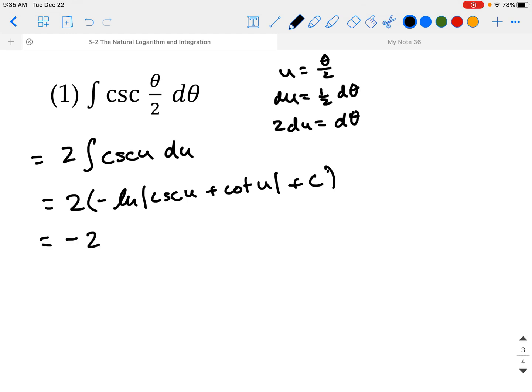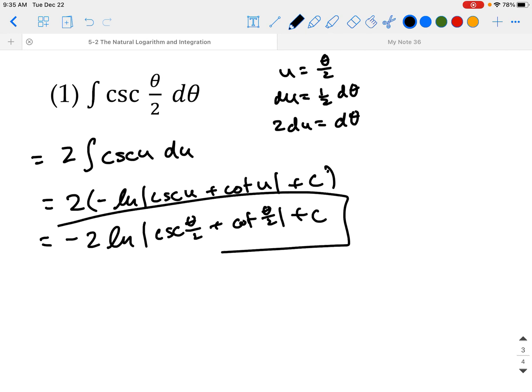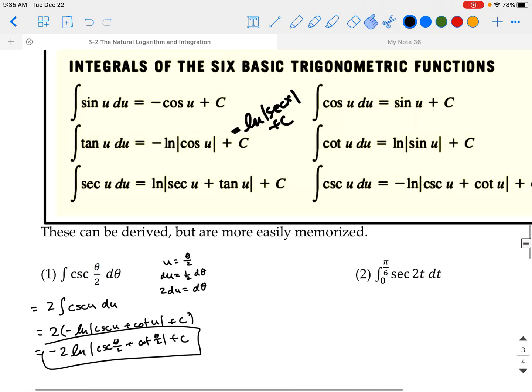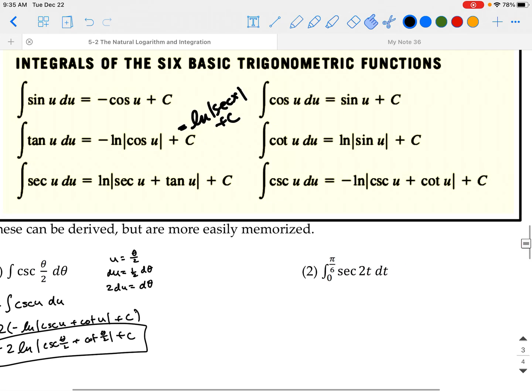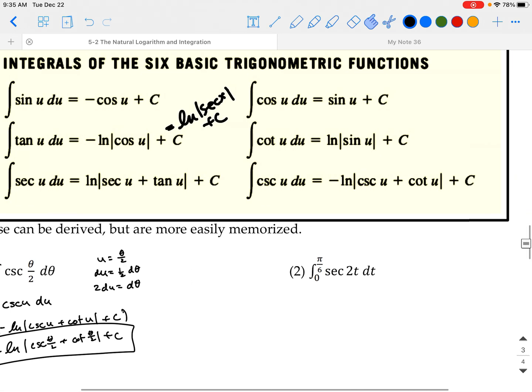So we could write that as -2 natural log of cosecant theta over 2 plus cotangent theta over 2 plus c. So really, among these, the ones that you're going to probably want to just have memorized are secant and cosecant, because these ones are kind of the longer ones overall. But tangent and cotangent are pretty easy to derive.